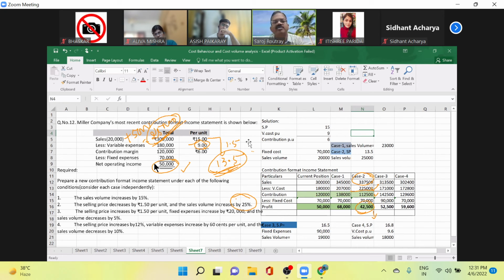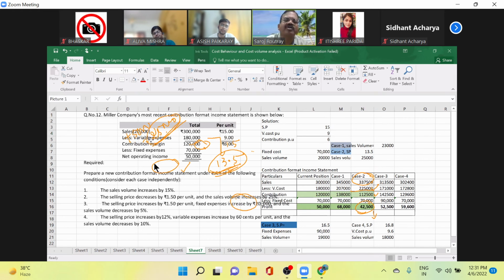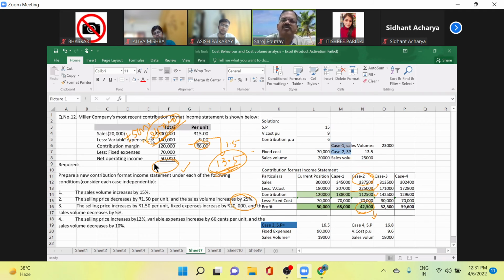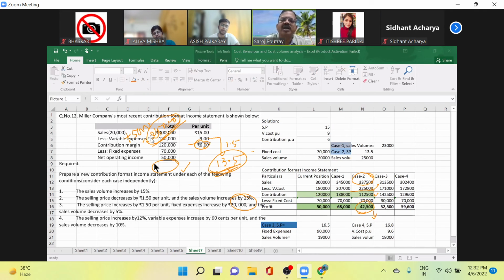But see what is happening now. When you are decreasing the selling price, you cannot decrease the selling price only for additional sales. If you are decreasing the selling price, then you have to decrease it for all the customers, right? So it will be on 25,000, not on that 5,000.